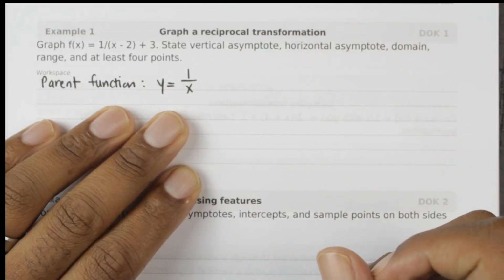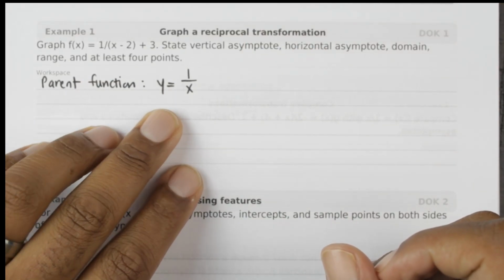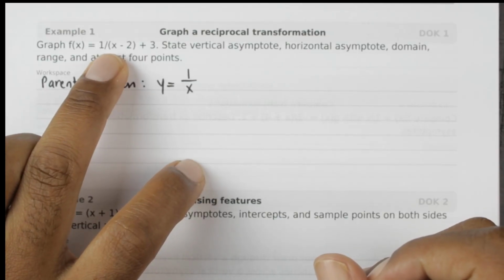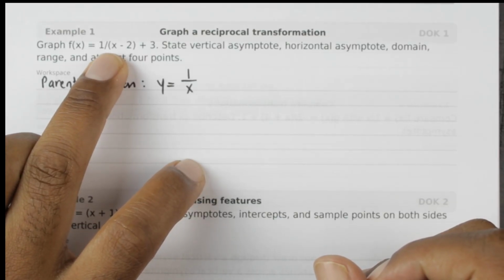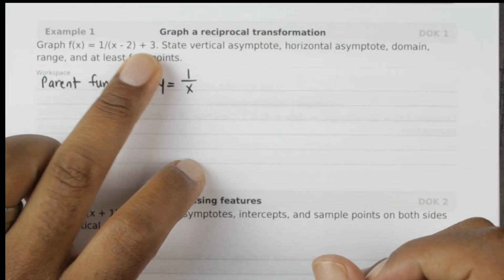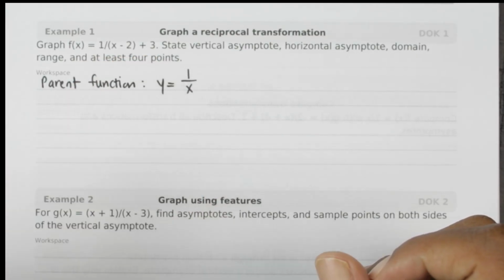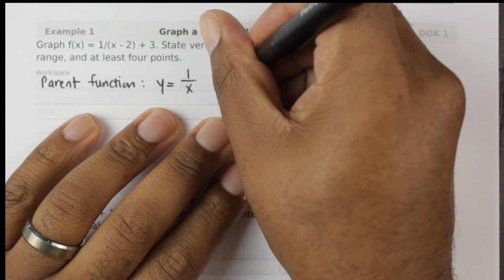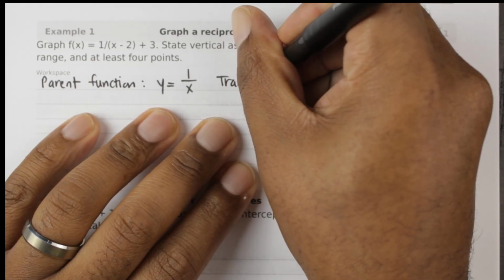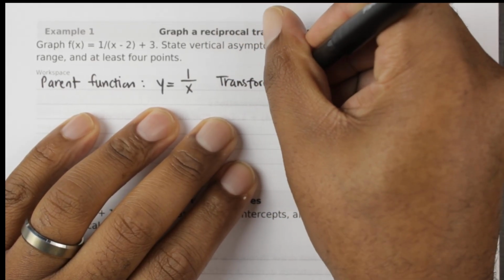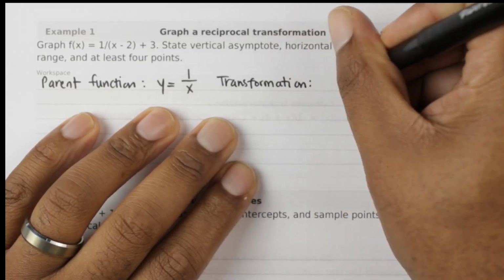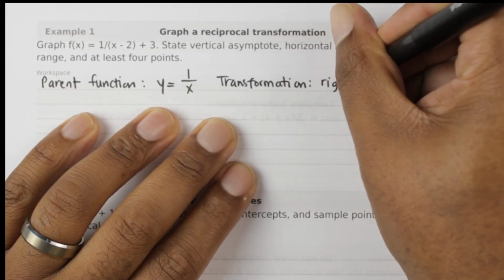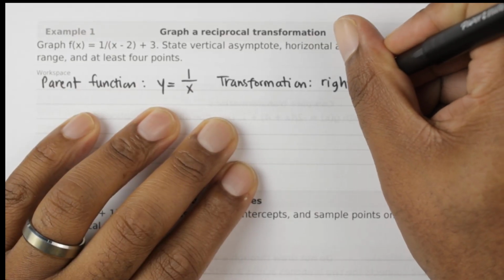The expression x minus 2 shifts the graph to the right 2 units. The plus 3 shifts the graph up 3 units. So the transformation is right 2, up 3.